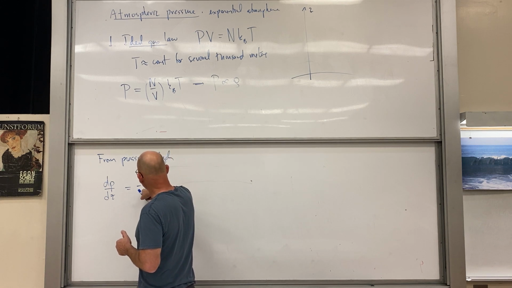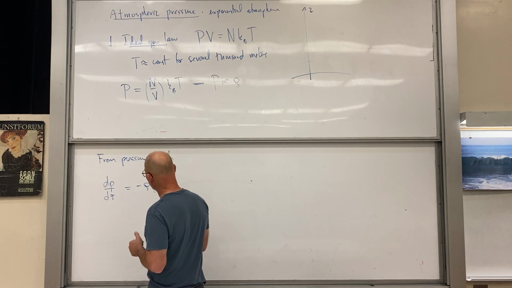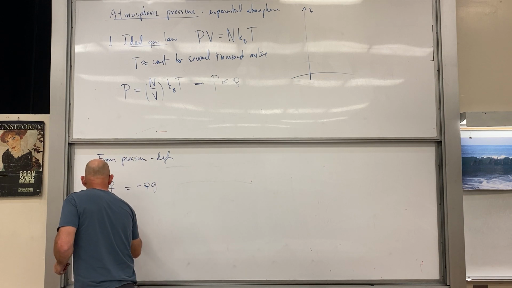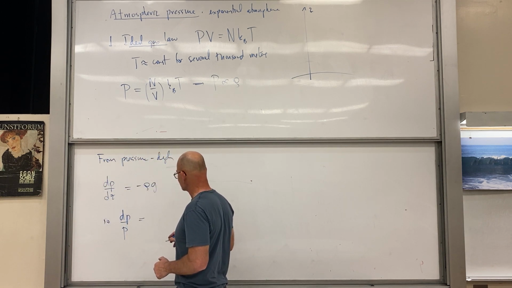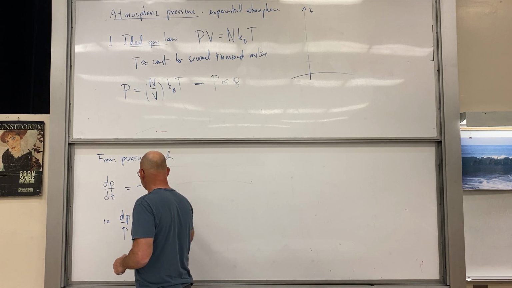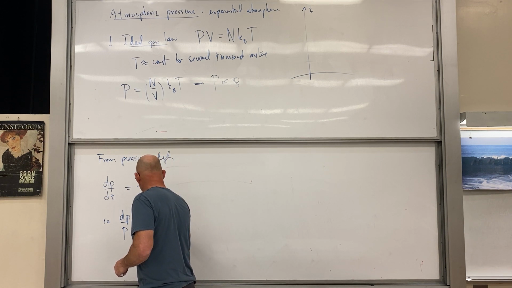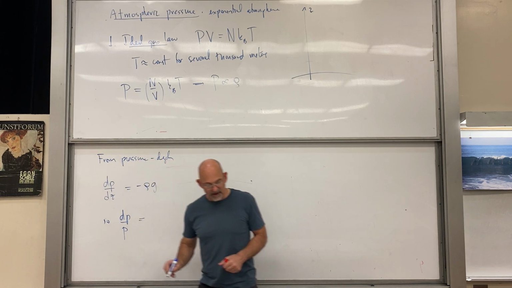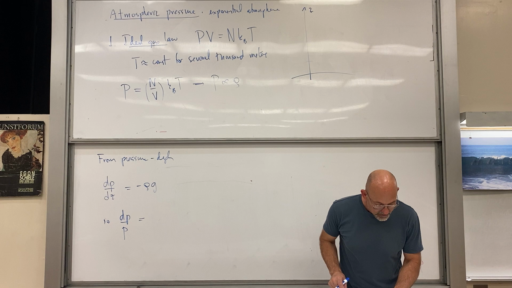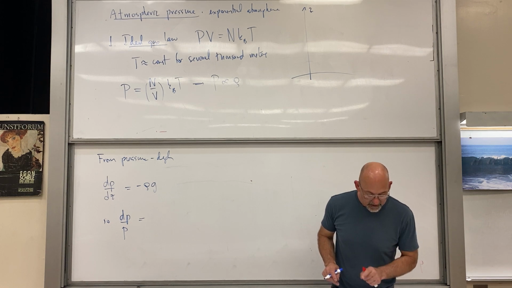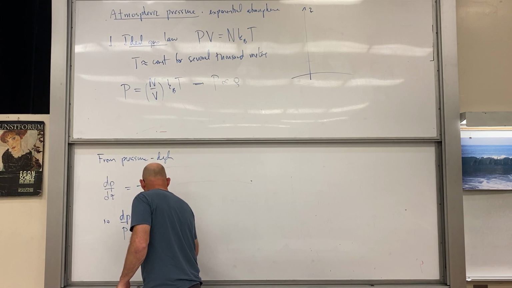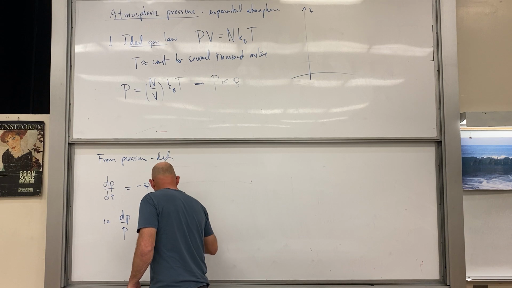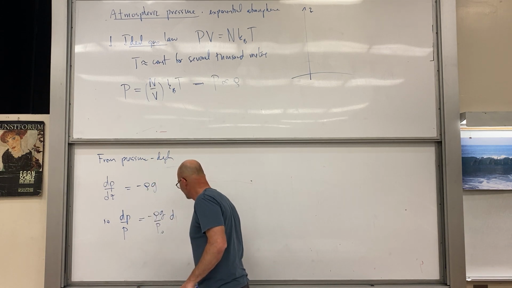And pressure is proportional to density, so dP over P is equal to minus rho g over P naught dz, using z, not y.